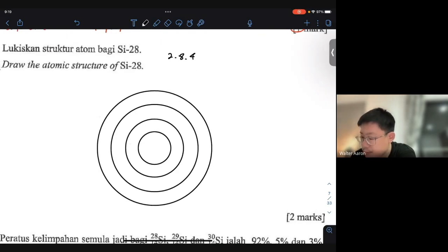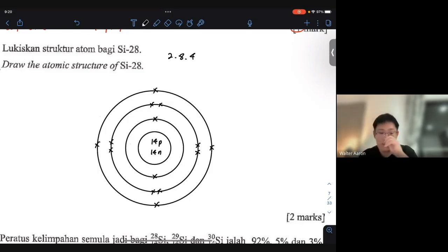So inside here, remember you have 14 protons and 14 neutrons. And outside here, you can just put crosses as electrons, no problem. 2, 8, 4. Okay, done.